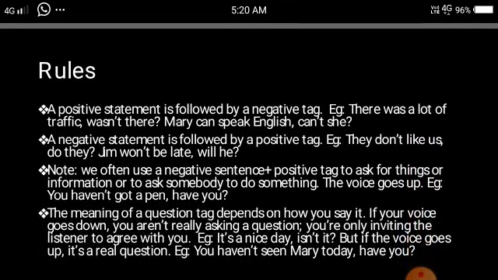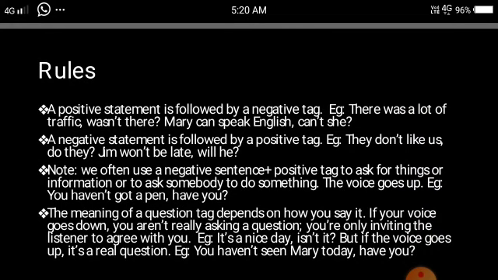So let us look at the rules. A positive statement is followed by a negative tag. The same sentence we will once again repeat. It is very cold today. I've already explained.